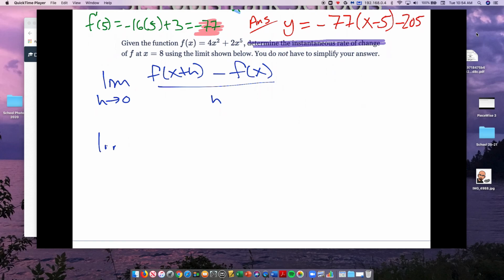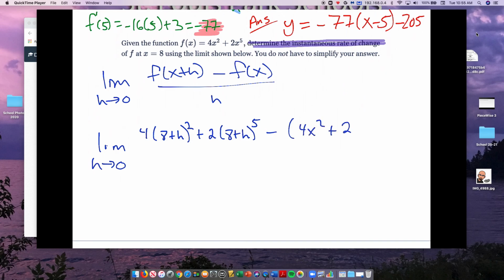So we're going to do the limit as h goes towards 0 of 4 times (8 plus h) squared plus 2 times (8 plus h) to the 5th, minus (4x squared plus 2x) to the 5th, all over h.